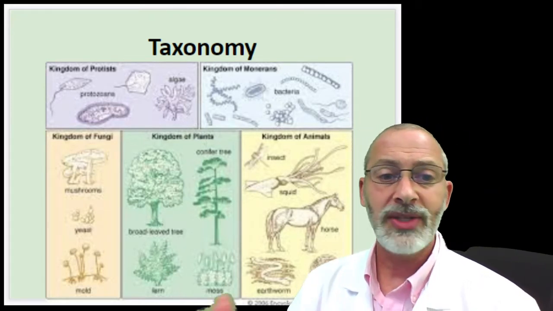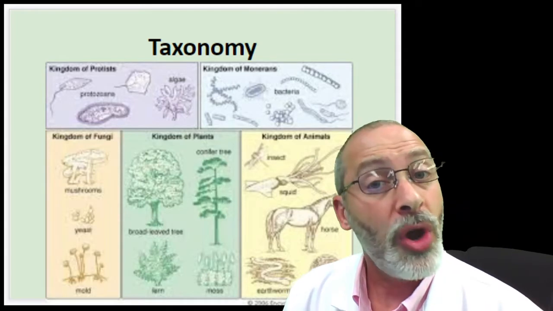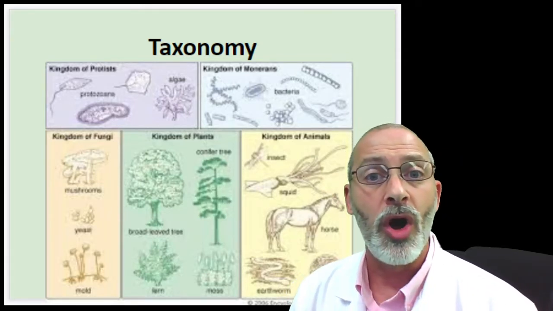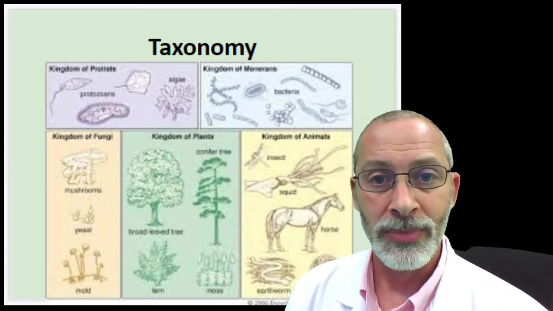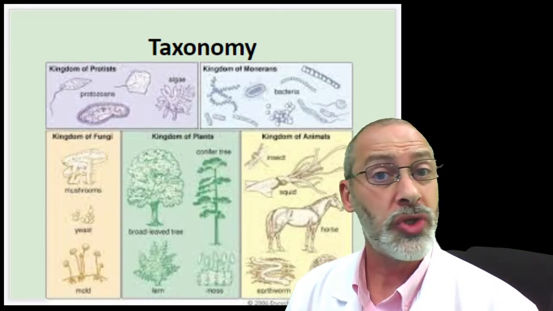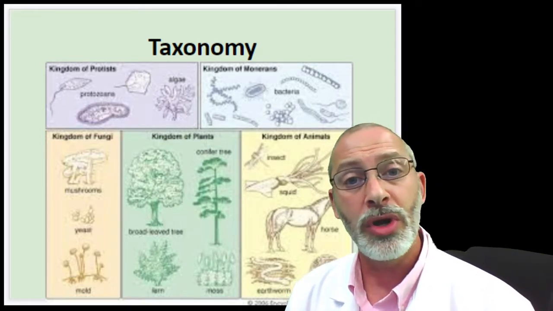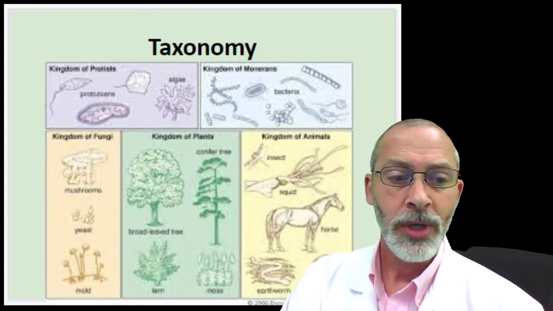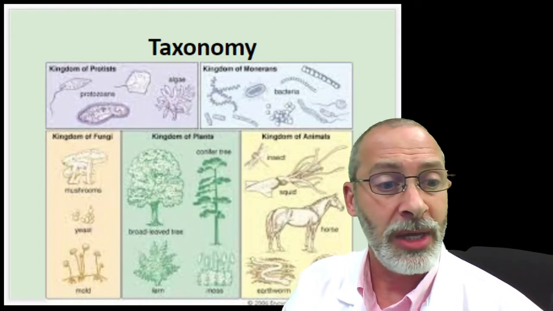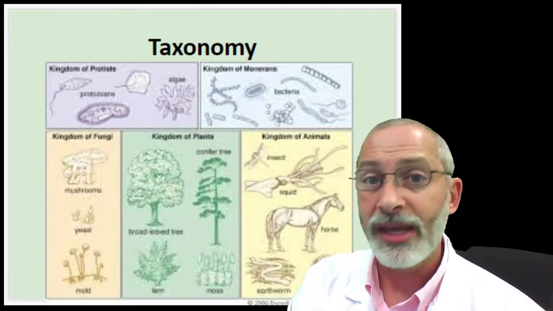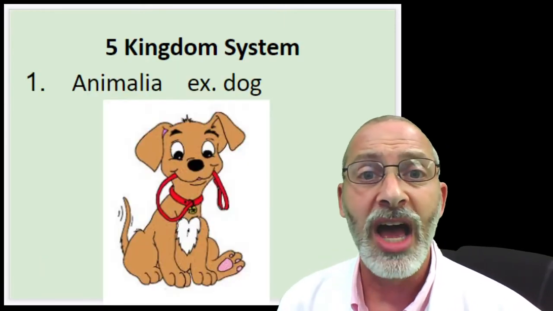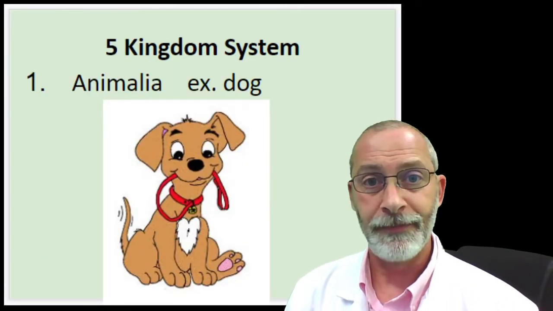And so let's take a moment and go over these 5 different groups that we will call kingdoms of organisms. We'll start with the most obvious and work down to those that are a little bit more obscure. So, in the field of taxonomy, most scientists agree we have a 5 kingdom system.